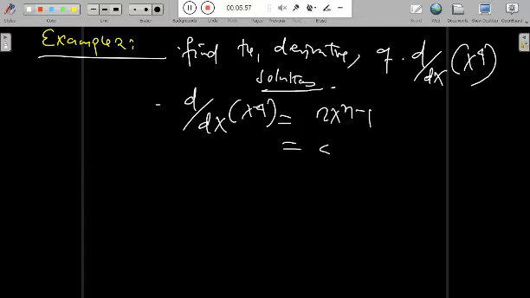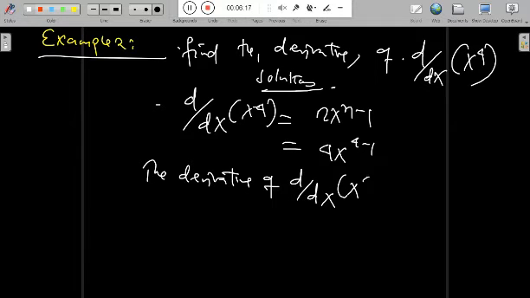Solution. Using the same principle, n x raised to n minus 1, we take 4 times x, then raise to the power 4 minus 1. So the derivative is 4x cubed, since 4 minus 1 is 3. So that is the answer.